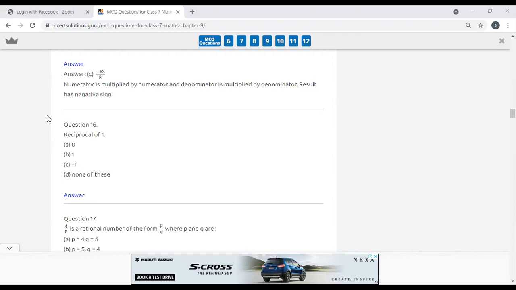Ma'am, -1. It's the reciprocal of 1, I am asking. Mitul? One. Reciprocal of 1 is 1. Can you tell me the two numbers which are same as their reciprocal? Yes, Harman. 1 and -1.